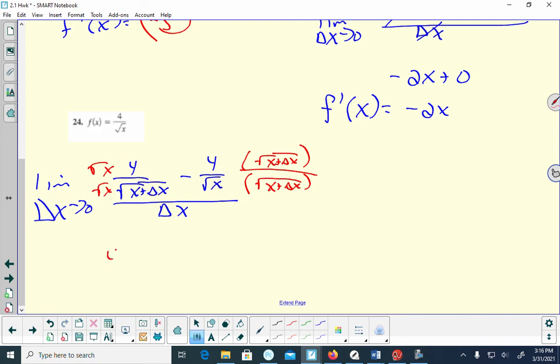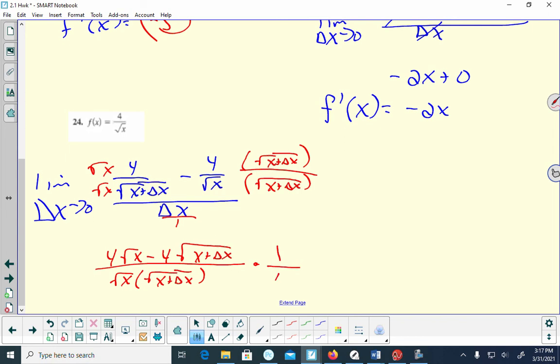So I'm going to have 4 times the square root of x minus 4 times the square root of x plus delta x, all over the square root of x times the square root of x plus delta x. And I could simplify that, but I'm not going to bother. And then this I'm going to write as times 1 over delta x, taking the limit of this whole thing as delta x approaches 0.